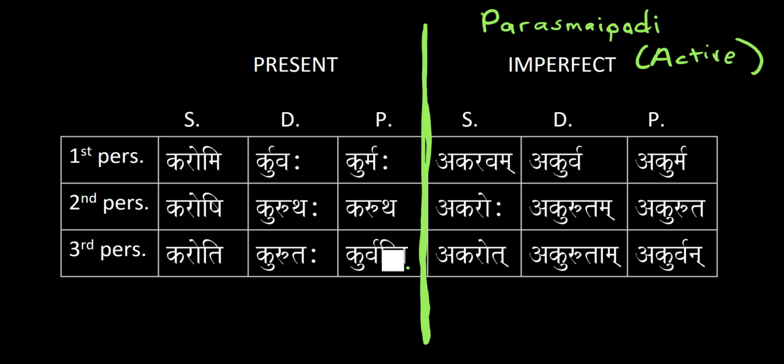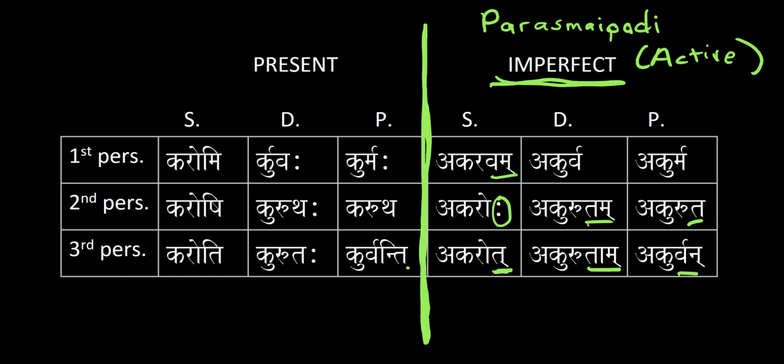And especially for the imperfect tense, you can identify that this is in parasmaipada, in the active voice, because you can see your termination endings. You have the t here, you have the tam, you have the un, you have the visarga here, you have tam, and then you have ta.